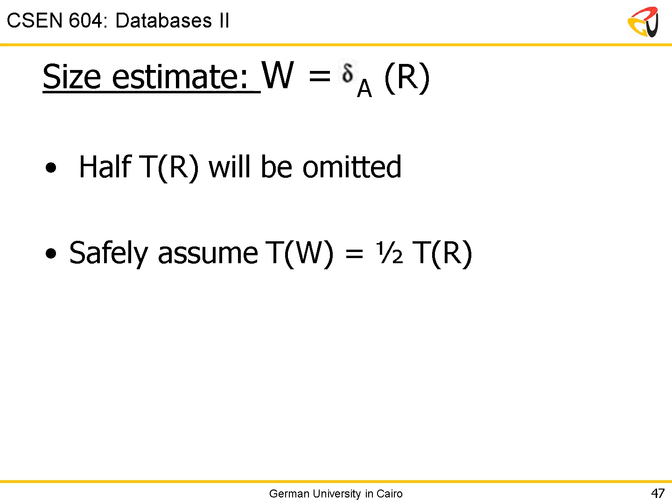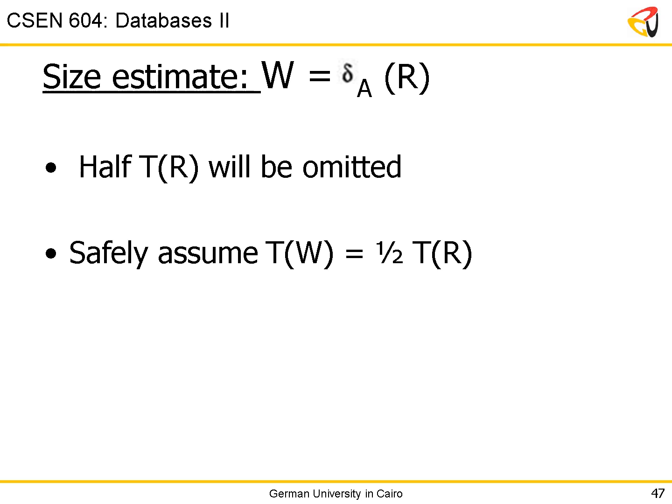What about this guy? We have seen before in the first few slides, this is the distinct operator. Now, if the table has no duplicates in this column A, then I will get the whole table back as the size of my W. If the table is all duplicates, then I will get an empty result set.